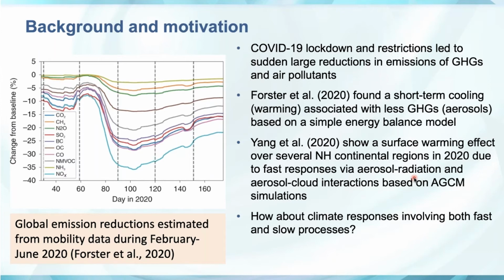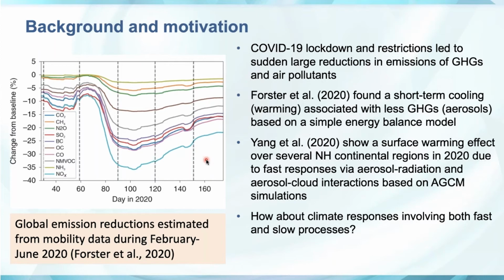This figure on the left shows the global emission reductions in primary aerosols and precursor gases, as well as greenhouse gases, estimated from mobility data from February to June 2020.